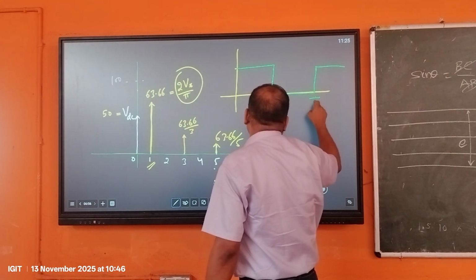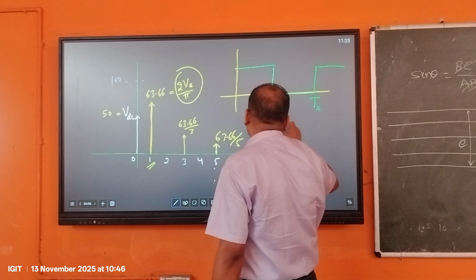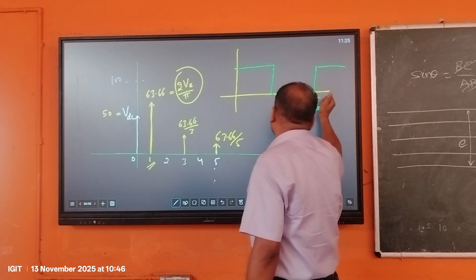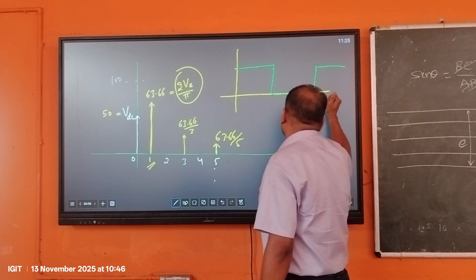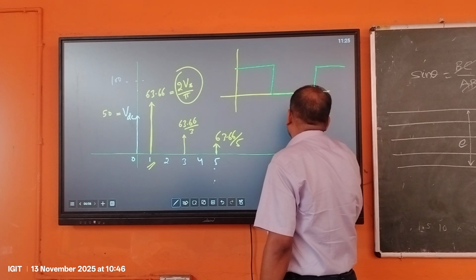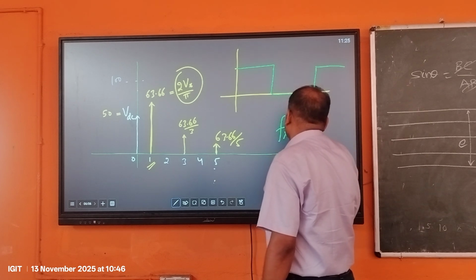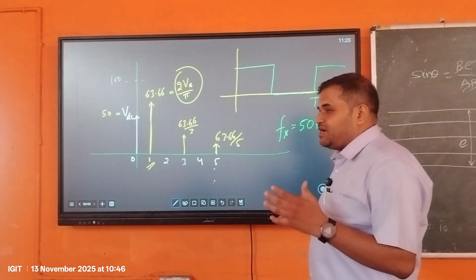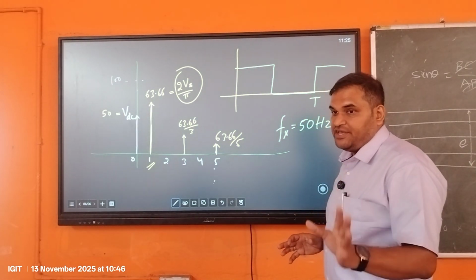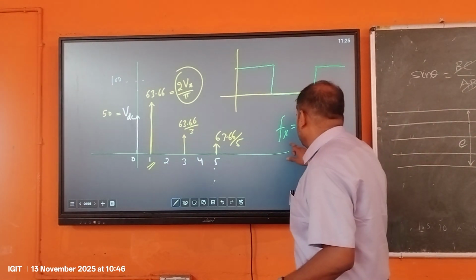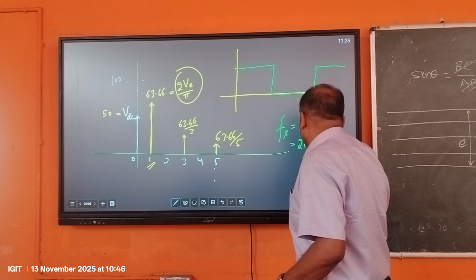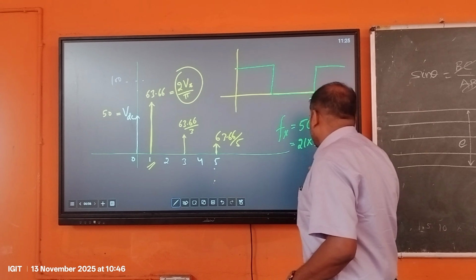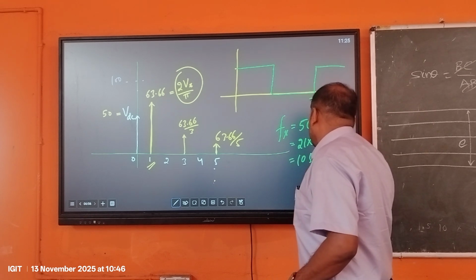The switching frequency is Fs. If it is 50 Hertz, you are going to get a fundamental component in the output, which is very dangerous. But if you remove this one with 21 times of 50, what is the advantage?